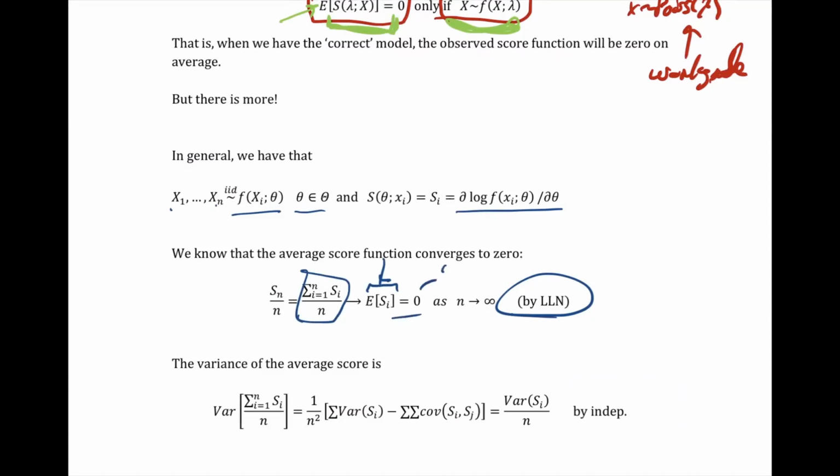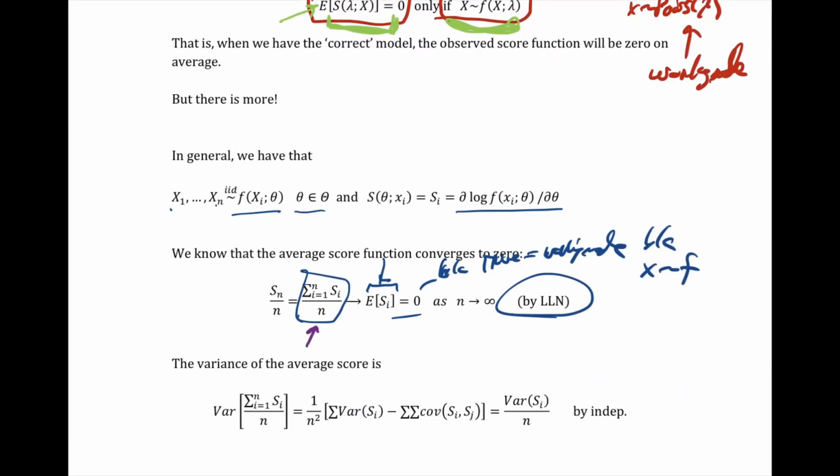And we know it's 0 because the true model equals the working model. It's because X is distributed F. We're going to change that up in a few classes from now, but for now, this is going to stay the same.